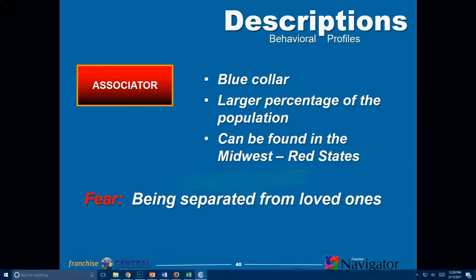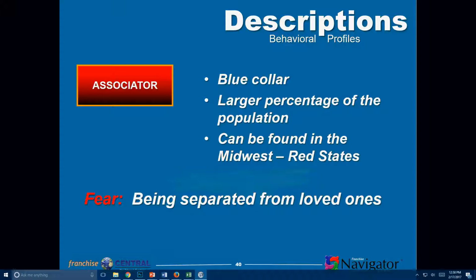What's really interesting is that if you look politically at how we're divided in this country, the blue states with the accomplishers tend to be the higher population areas, the coasts and the major markets. The red states, or the associator states, are the breadbasket of America. And that's really the core to America.